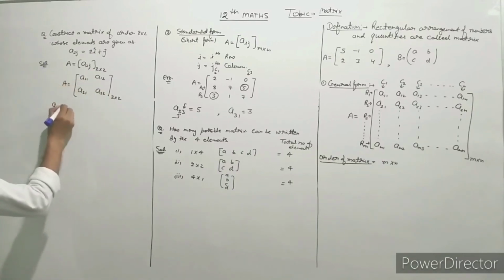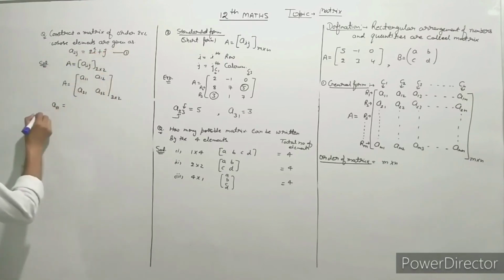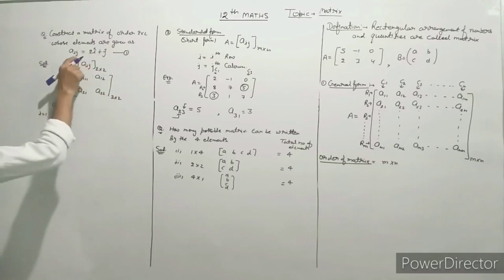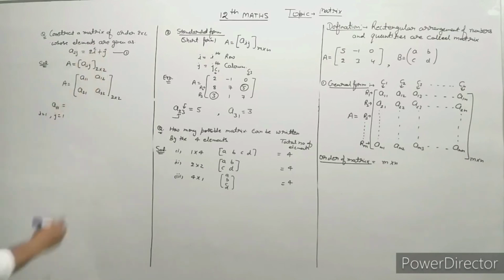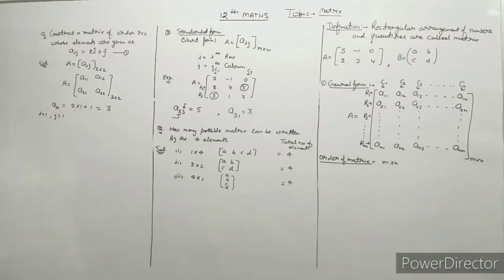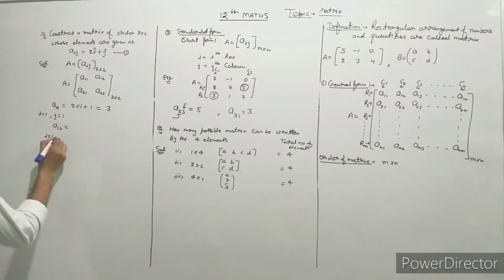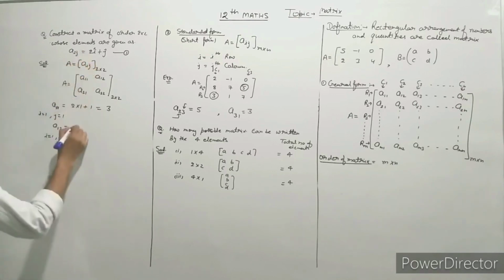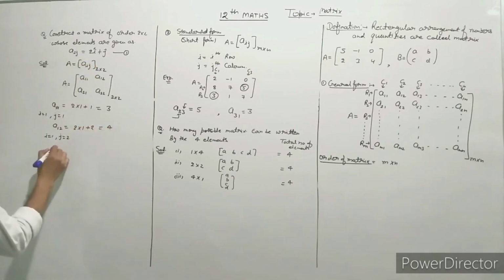First we find the value of A11. A11 means we put i is 1 and j is 1 in this equation. So the result is 3. It means we obtain the value 3. Now we put i is equal to 1, j is equal to 2. So 2 into 1 plus 2, it means 4. Now find the value of A21.